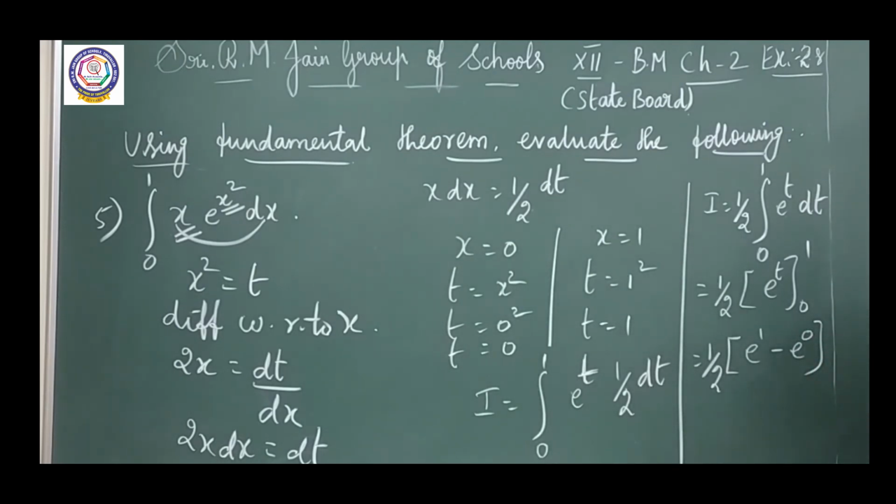Anything to the power 0 value is 1. So, the value is 1 by 2 into e minus 1.